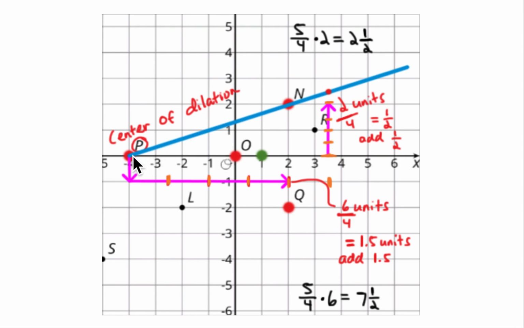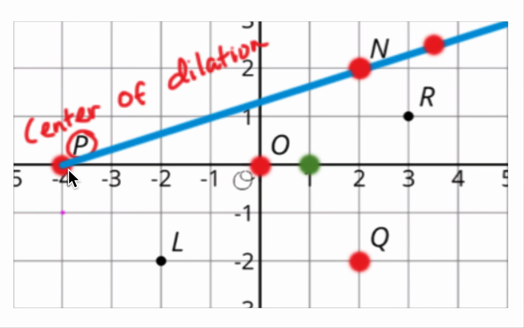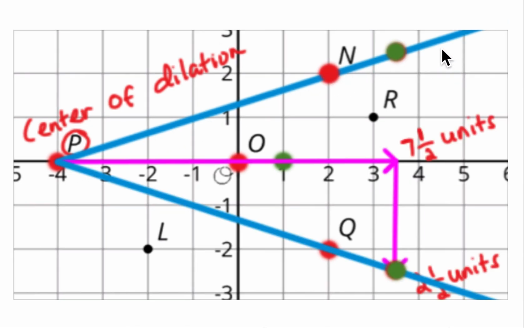So then you draw a line from the center of dilation through the original vertex, and it's going to continue through the scaled, or the dilated vertex. Do the same thing down here. So this goes through the original vertex and the scaled vertex. Same thing down here through the original vertex and the scaled vertex.